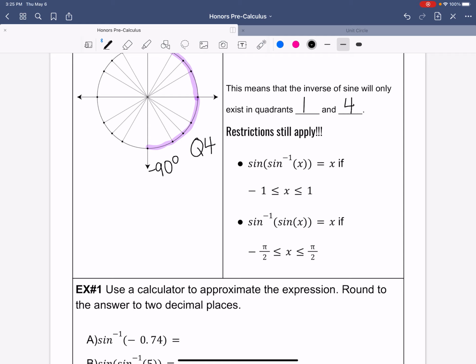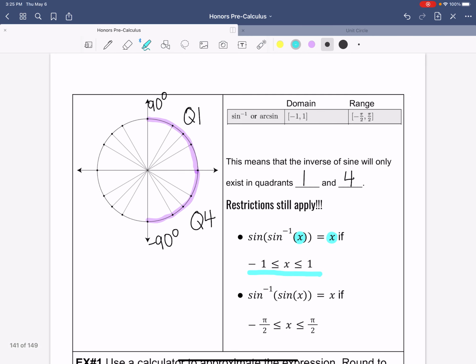If I tell you the angle and then ask you to find the sine again, you're basically going back to the original answer. If I ask you to find the inverse sine and then the sine of that, it's going to equal x. But that only applies if it's between negative 1 and positive 1.